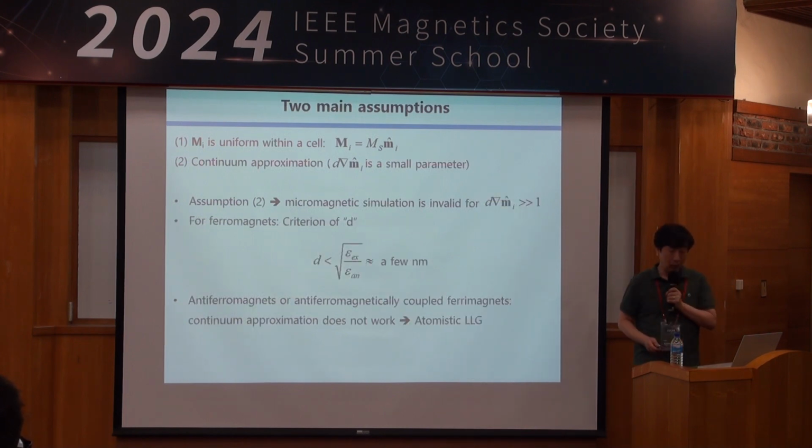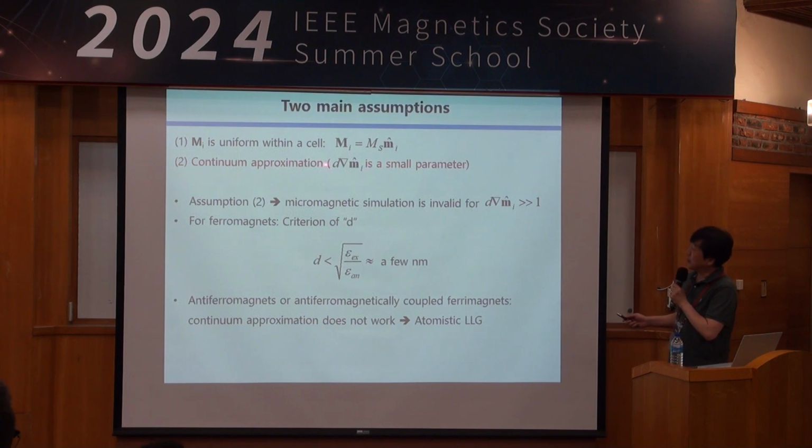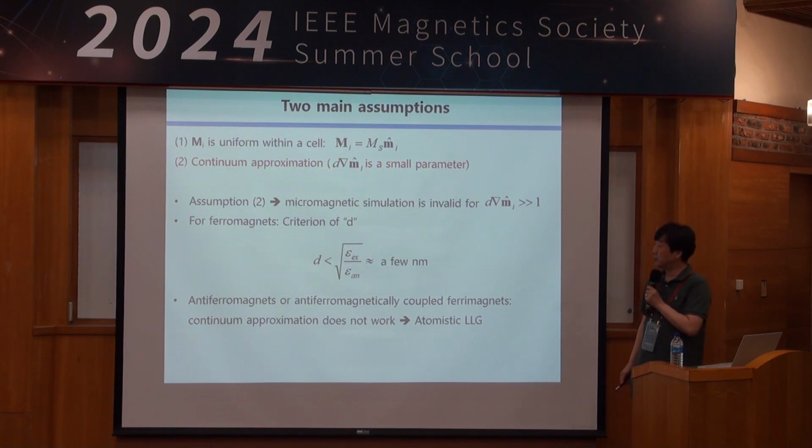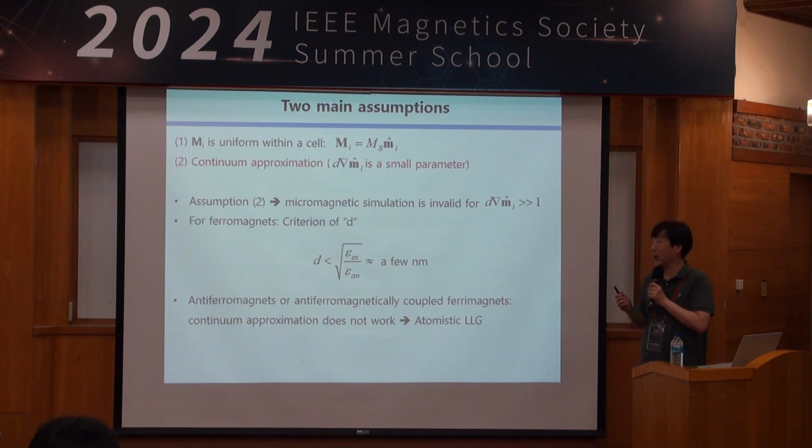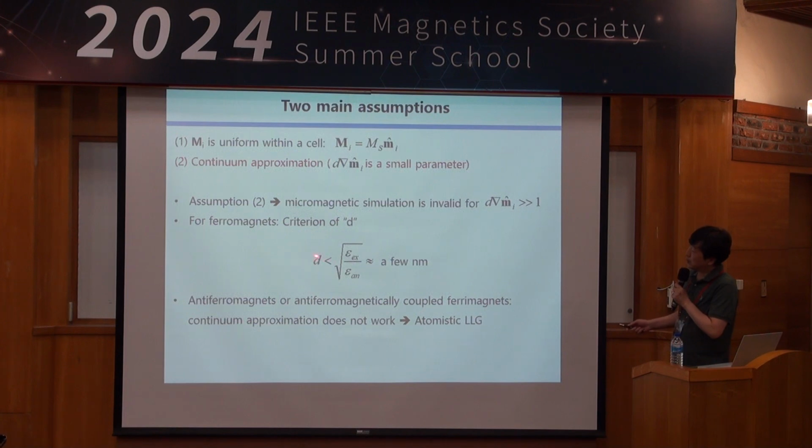The second assumption is the continuum approximation, meaning that the unit cell size times the gradient of the magnetization is a small parameter. If this assumption is invalid, then your result becomes very, very crazy. So there is a criterion for a ferromagnet: your unit cell size must be smaller than the square root of the exchange energy over the anisotropy energy or dipolar energy.